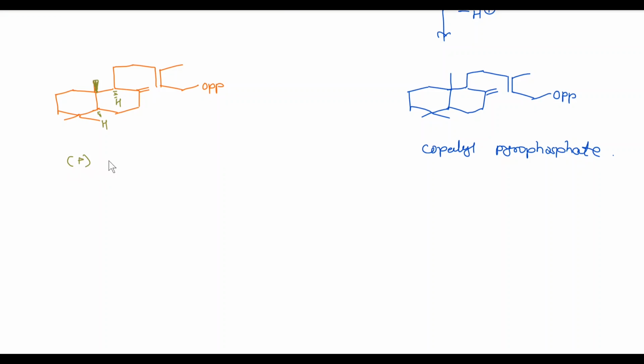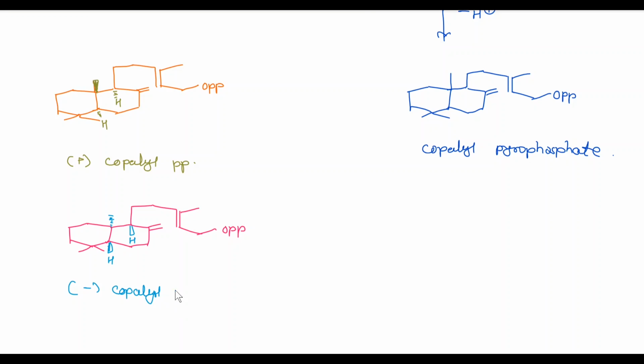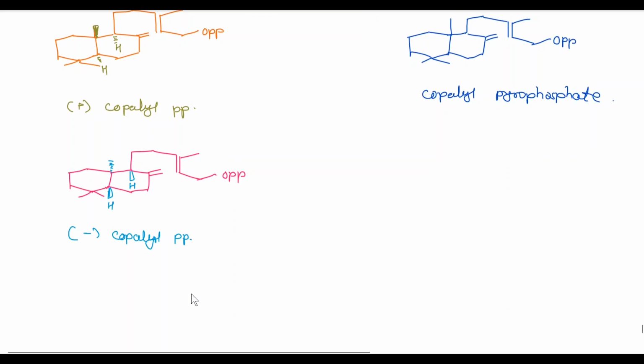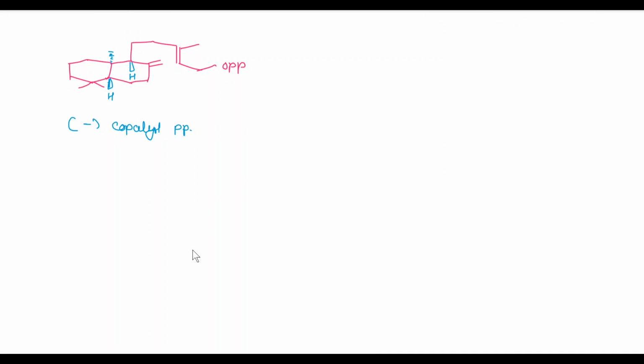This is called plus copalyl pyrophosphate. Another isomer has this methyl group below the plane and this hydrogen above. This is called minus copalyl pyrophosphate. In the biogenesis of manool, we use plus copalyl pyrophosphate.